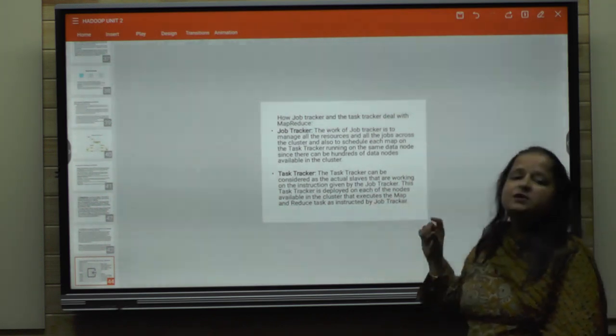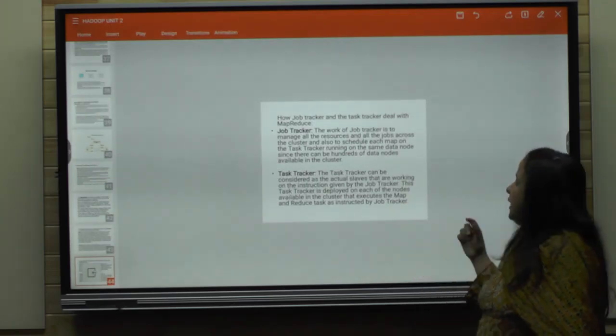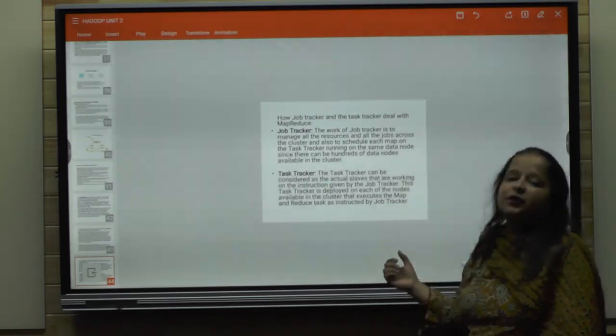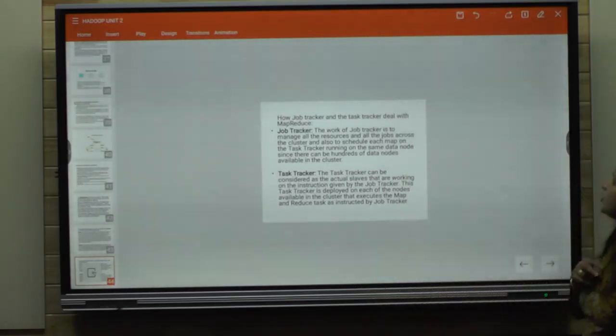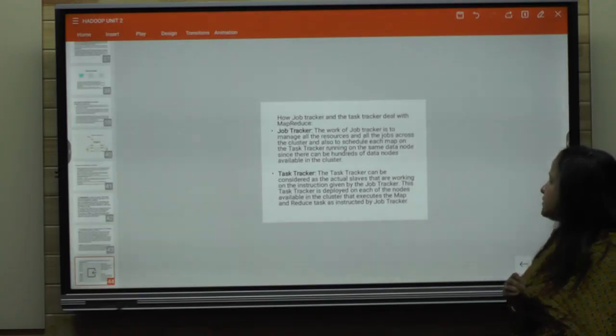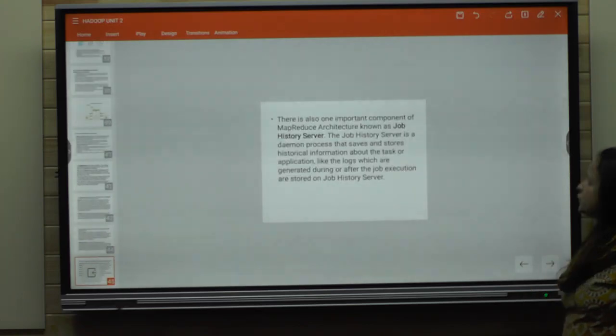So job tracker runs on the master node or at the name node, and task tracker works on the slave node or on the data node. Task tracker can be considered as the actual slaves that are working on the instruction given by the job tracker, which is the master node. This task tracker is deployed in each of the nodes available in the cluster that execute the map and reduce tasks as instructed by the job tracker.